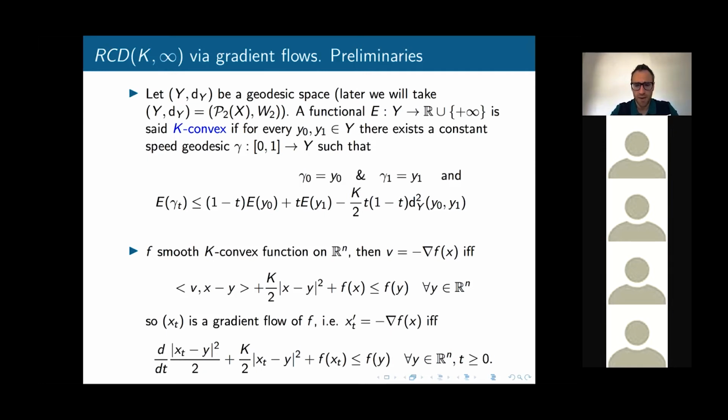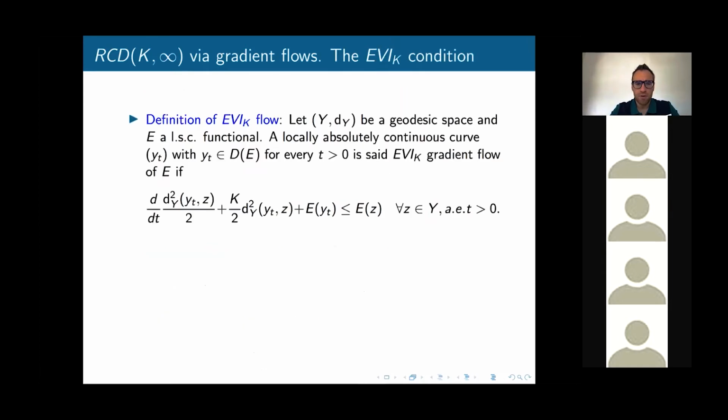It's second year. But now this is very powerful if you abstract it to a metric setting, and you say that by definition you have an EVI_K gradient flow if that previous inequality is satisfied. So let me say it. You fix a geodesic space Y, and you fix E a lower semi-continuous functional.